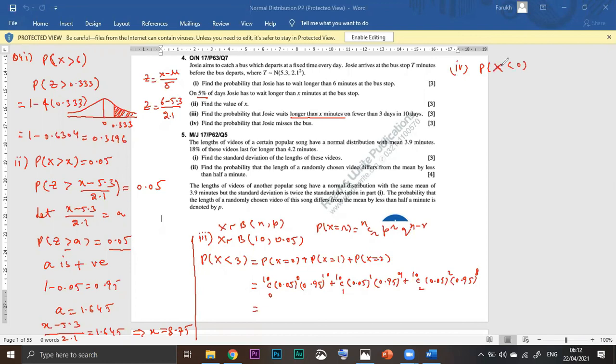He has no time to wait for the bus. Now, on average, he is waiting 5.3 minutes for the bus. And if x is negative, then he will reach the bus stop after he has missed the bus.